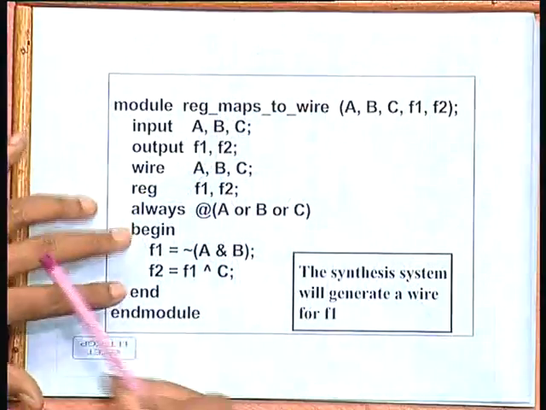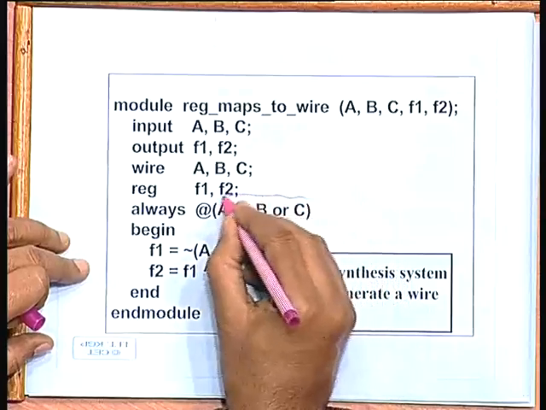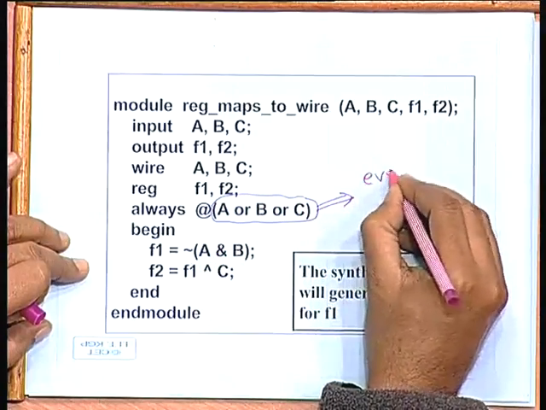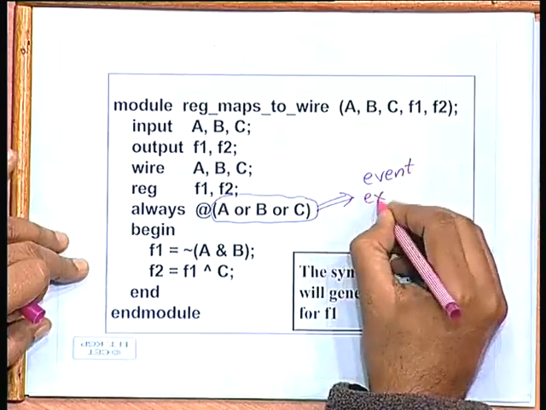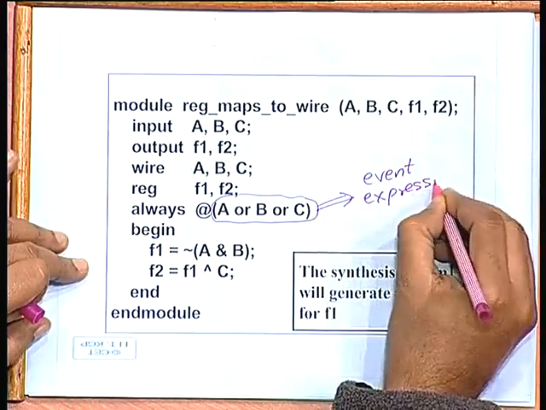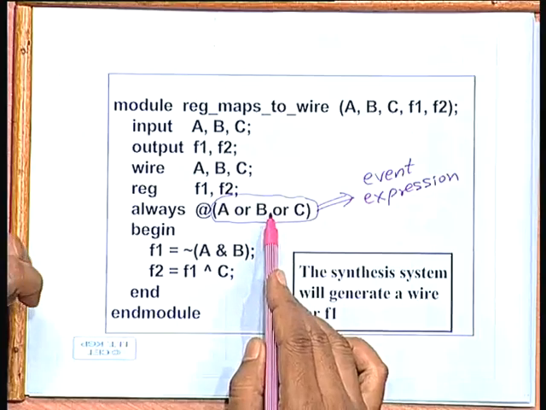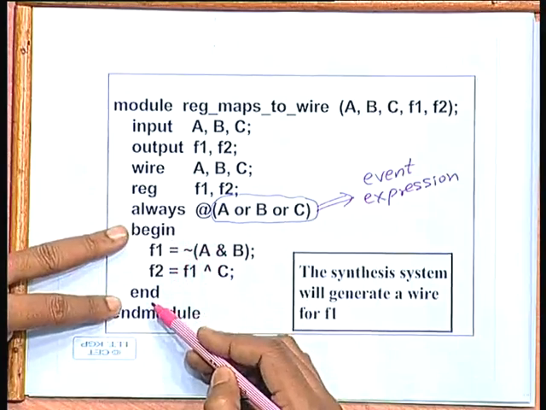That means either A changes or B changes or C changes, that means there is an event. This is some kind of an expression I am specifying, sometimes called an event expression. So whenever there is an event out here, the block gets evaluated.